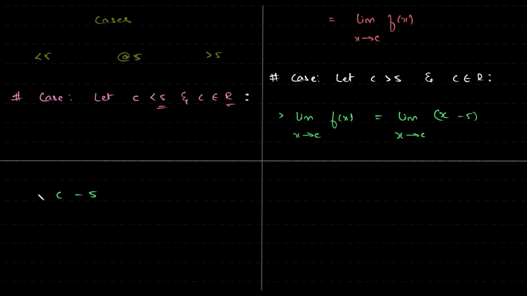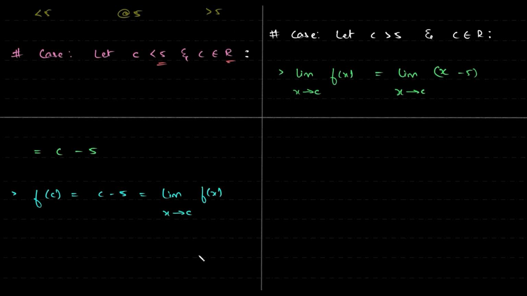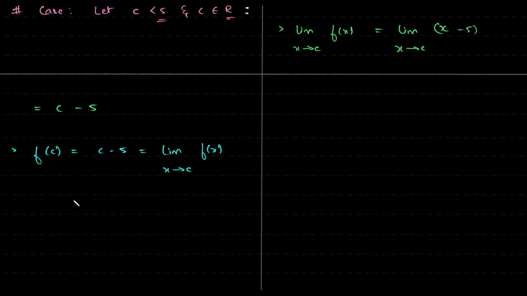This too is on direct substitution. Now, f of C over here would be C minus 5, which is equal to limit f of x as x tends towards C in all of this region. Okay, so here too the function is continuous.